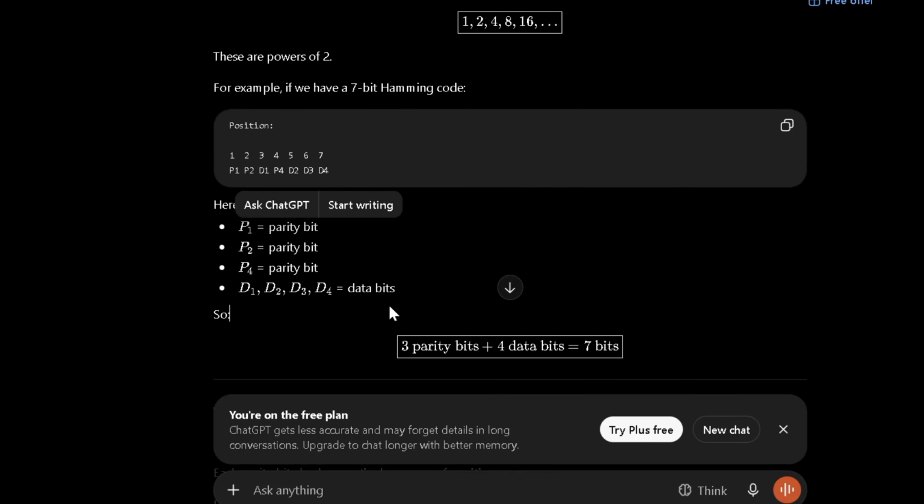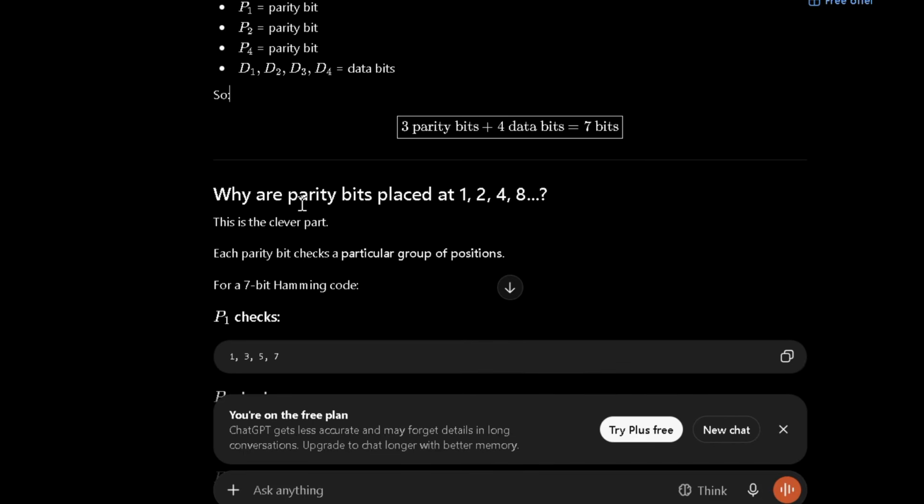Why are parity bits placed at positions 1, 2, 4?